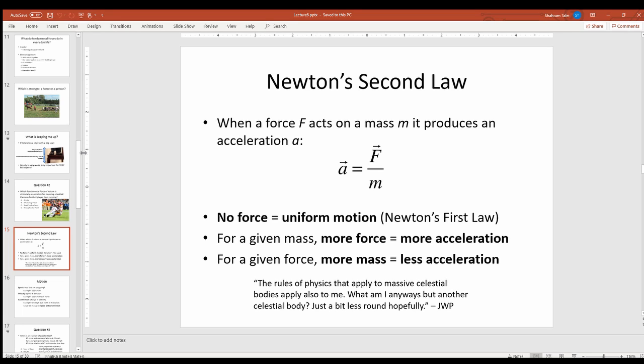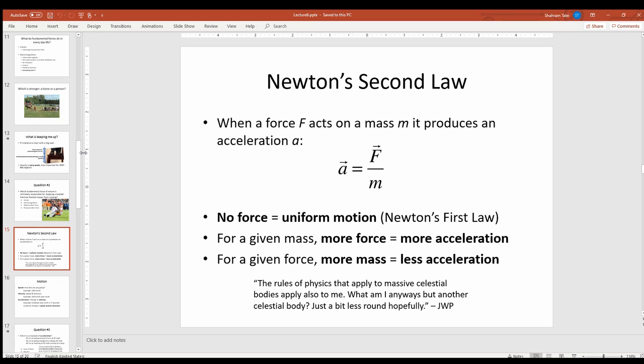For force, we have Newton's second law. According to this law, when we have a force, there is acceleration, a change in speed. And this acceleration is equal to force divided by mass. So what it means is, if we have more force, we have bigger acceleration.